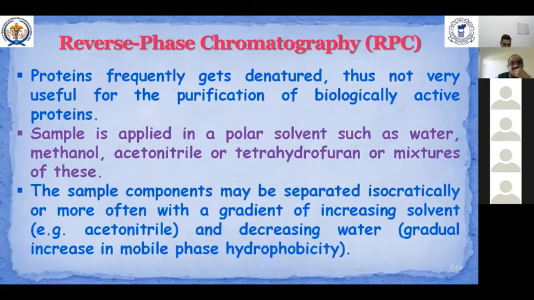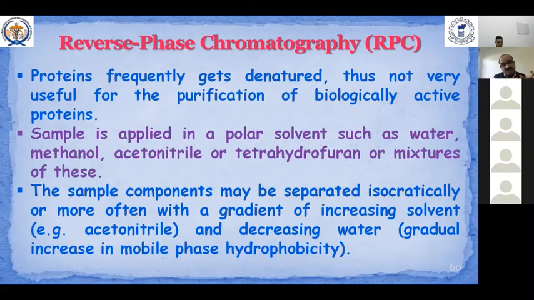But during reverse phase chromatography, what happens? The sample is eluted with an increasing gradient towards non-polarity. Means it is eluted by gradient elution using water and acetonitrile as the elution buffer, with the gradient changing from water towards acetonitrile. Means the hydrophobicity of the elution buffer is increased.